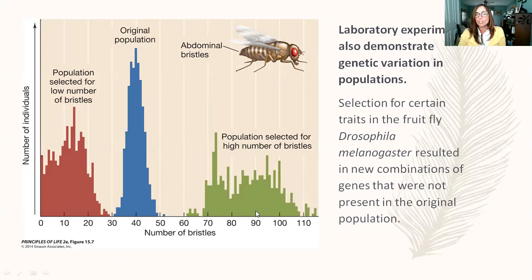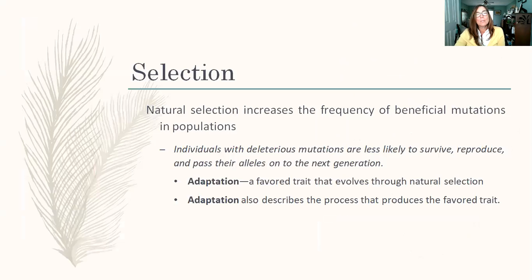So again, just trying to show you the effect of selection of different varieties, which can change the allele frequencies within a population and lead to new phenotypes, which anytime you change the genetic makeup of a population, your book defines that as evolutionary change.